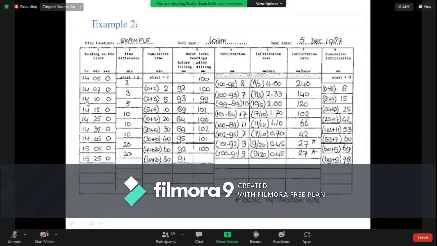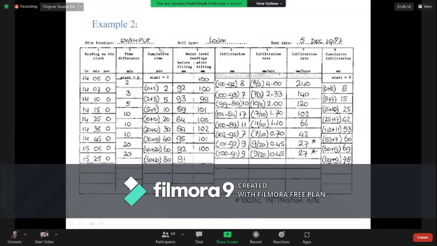The second reading is at 14 hours, 10 minutes. The difference between these two is 3 minutes. After that, 14 hours, 15 minutes. The difference is 5 minutes. So likewise, in this column, they'll write the time difference.